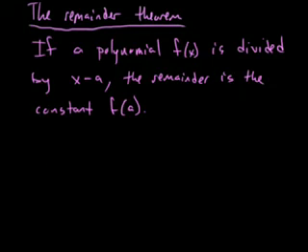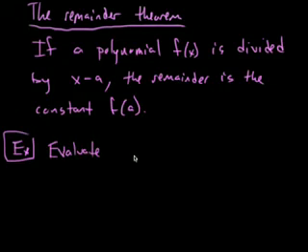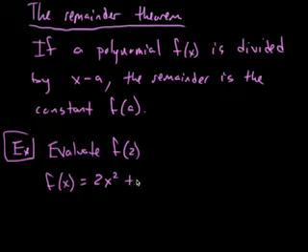So let's do an example. Suppose I want to evaluate f of 2. If I have this function, f of x equals, let's say, 2x squared plus 5x minus 1.